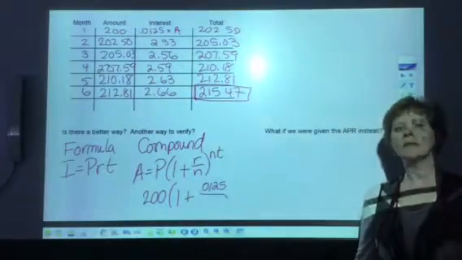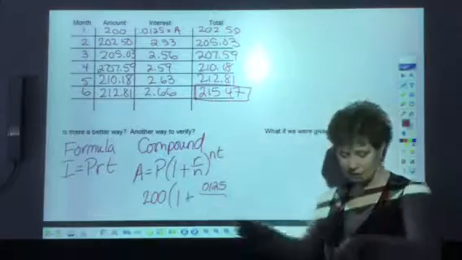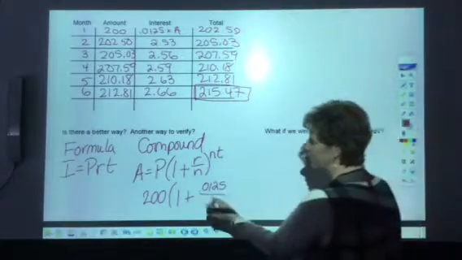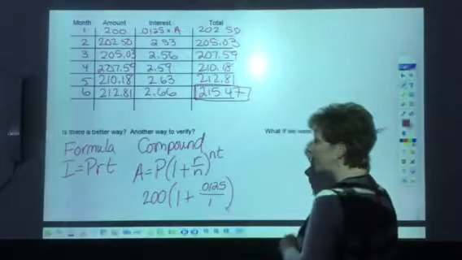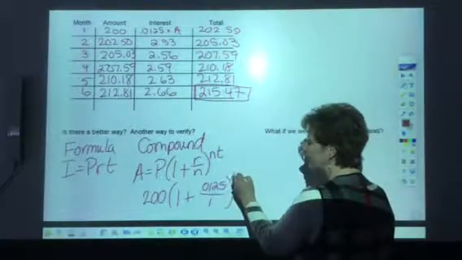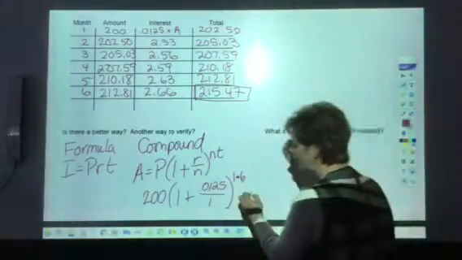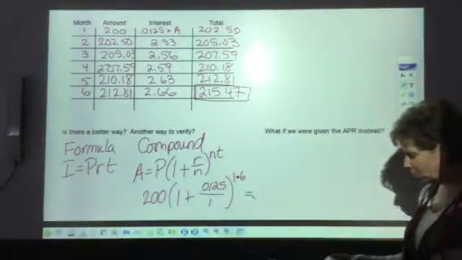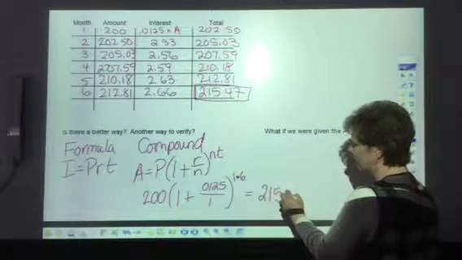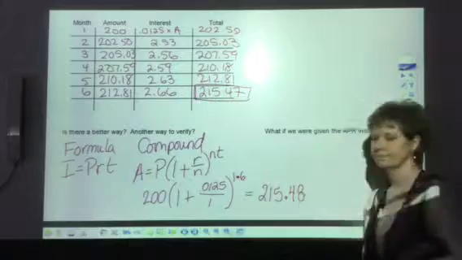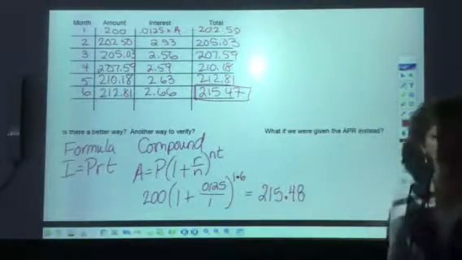But if we're talking about monthly and not yearly, if we can talk about time in terms of months instead of years, then I can say that this was once a month that we're calculating it, and we're doing that 1 times 6 months. And if we calculate that formula, we end up with $215.48, which I think would verify the fact that we did our table correctly.